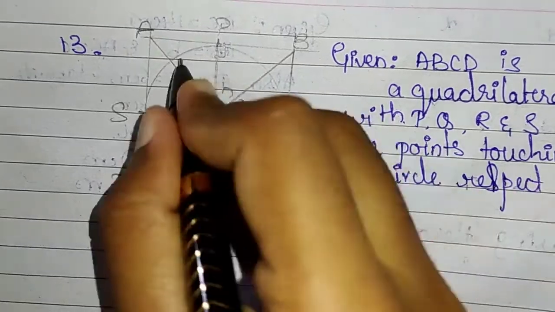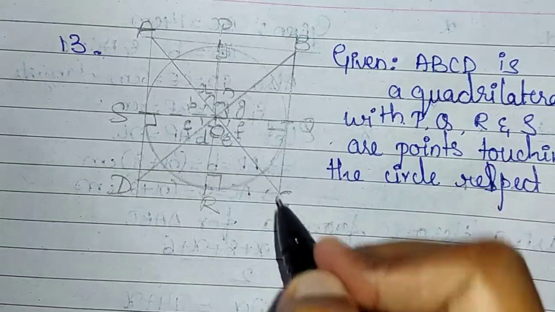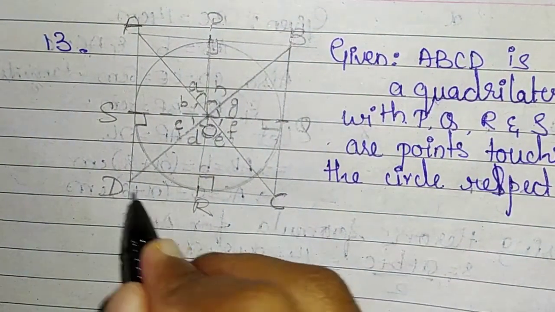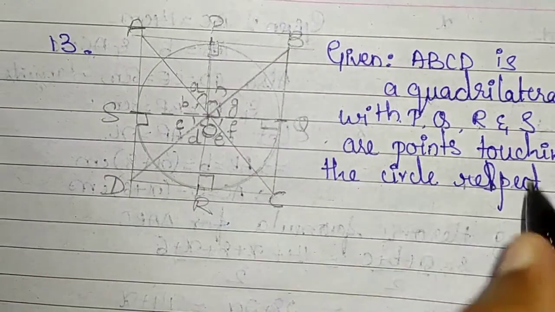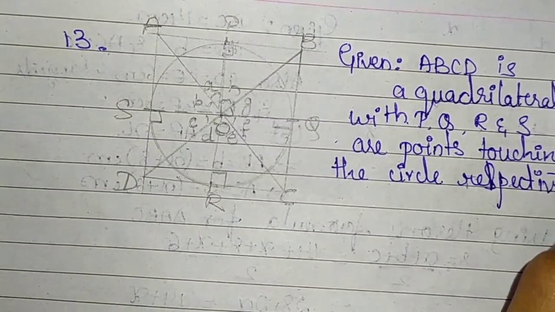So P lies on side AB, Q lies on side BC, R lies on side CD, and S lies on side DA, respectively.